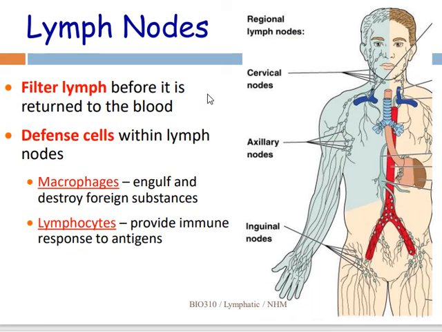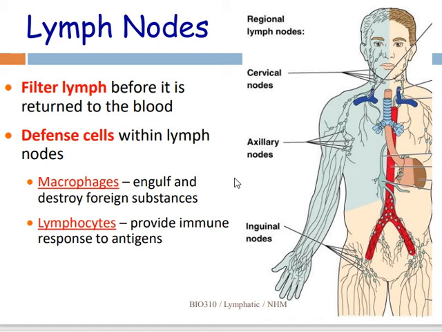How can lymph nodes cleanse or filter the excess interstitial fluid from the blood? Lymph nodes can filter or cleanse because they contain defense cells that consist of macrophages and also lymphocytes.